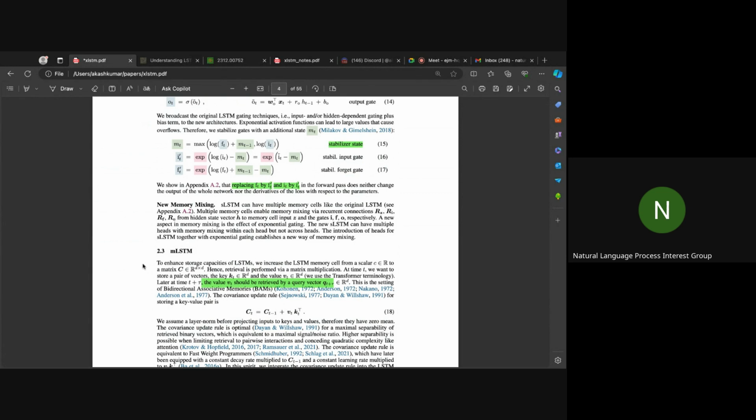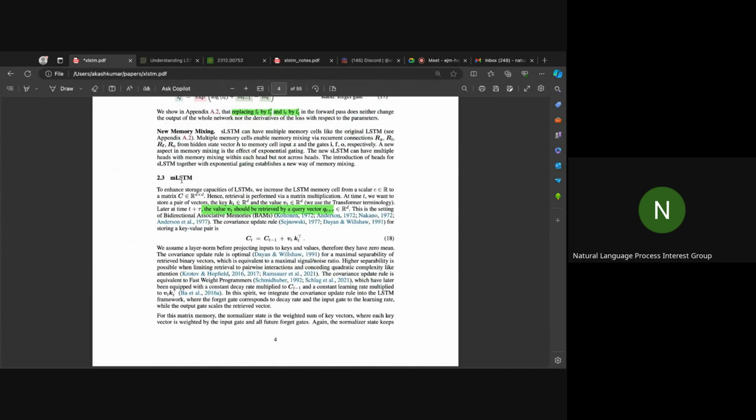So in the mLSTM architecture, they are trying to think of the memory as a matrix, and the idea is that the hidden state that you get from the model is like trying to get the information stored in the memory based on a particular key vector, or based on a particular query vector.